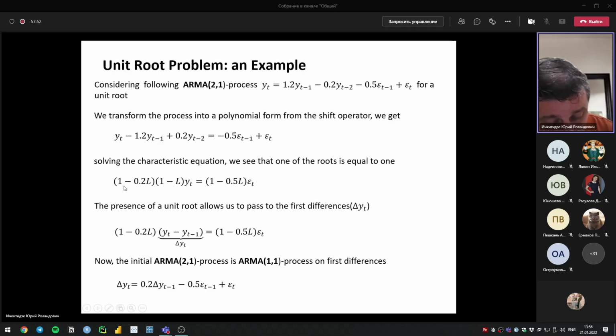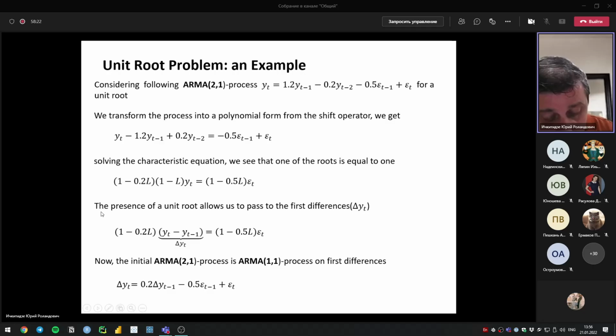And for the roots, it turns out to be 1 minus 0.2 L times 1 minus L, multiplied by yt. On the right side, 1 minus 0.5 L remains, multiplied by epsilon t.